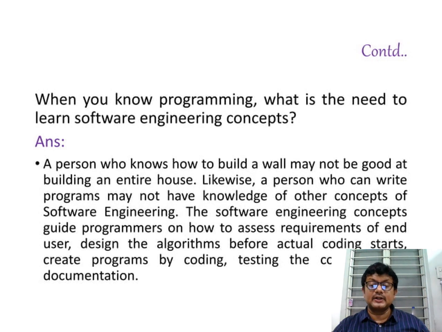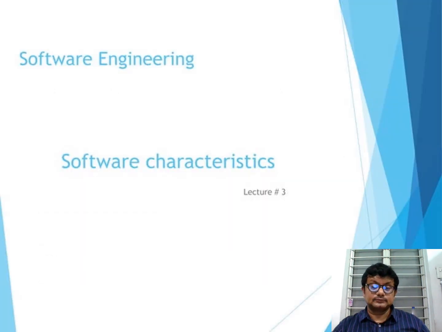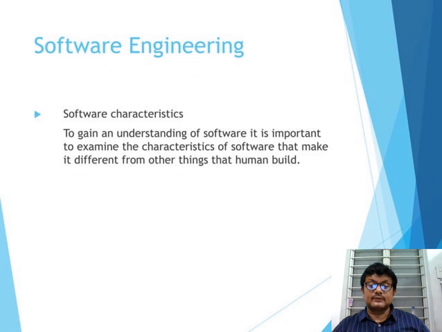The software engineering concepts guide programmers on how to assess requirements of the end user, design the algorithms before actual coding starts, create programs by coding, testing the code and documentation. So, software characteristics. To gain an understanding of software, it is important to examine the characteristics of software that make it different from other things that humans build.